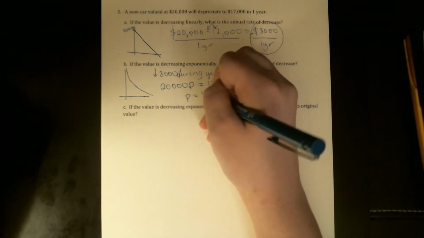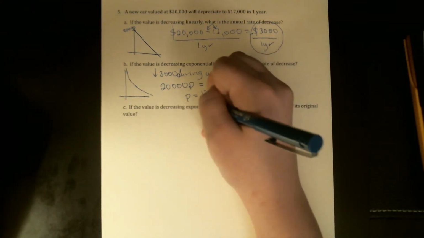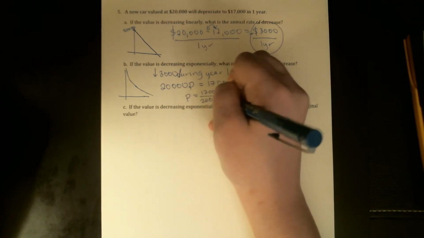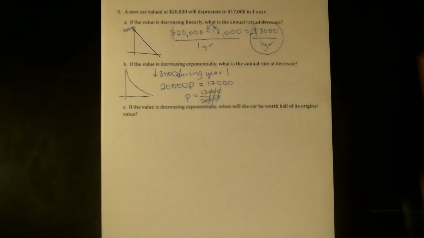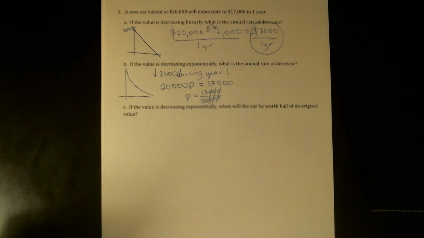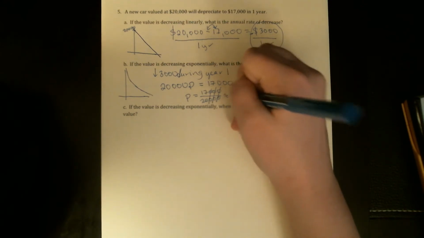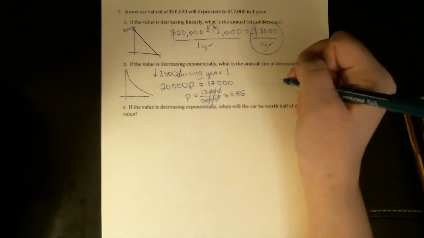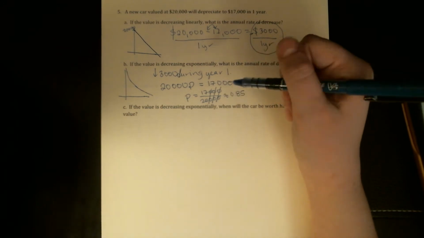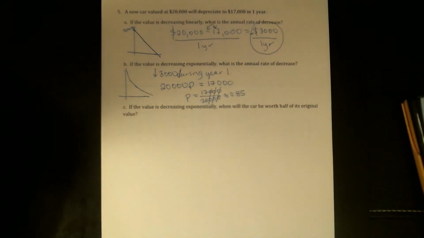So we get 17,000 over 20,000. We can knock off a few zeros, and then I'd like a decimal here just so I can see if it makes sense. 0.85. Which means 17,000 is 85% of 20,000.